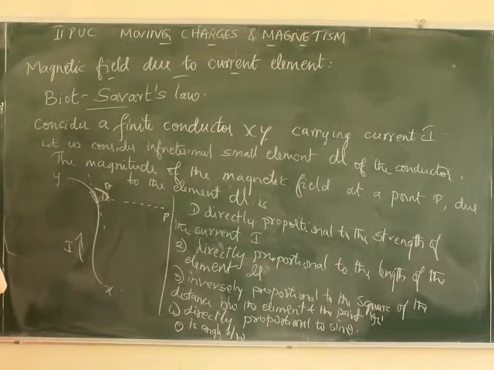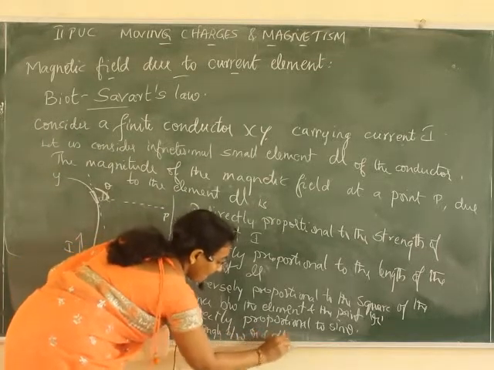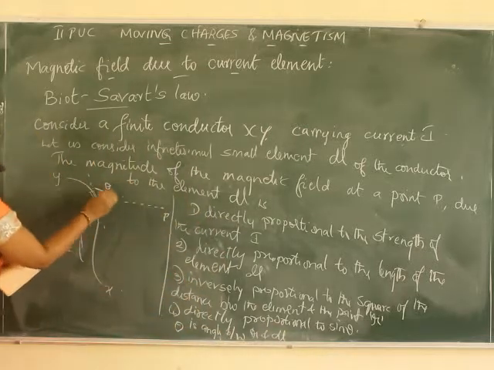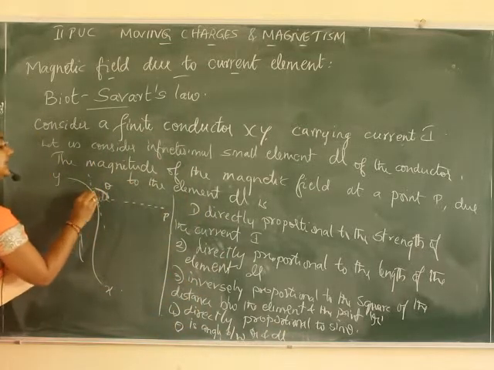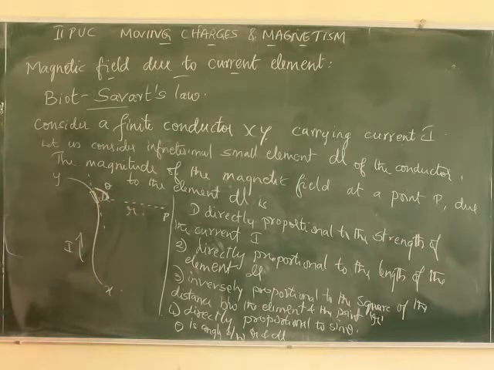Theta is the angle between the element and the distance, correct? Theta is the angle between r and dl. This is nothing but theta, the angle between dl and r.